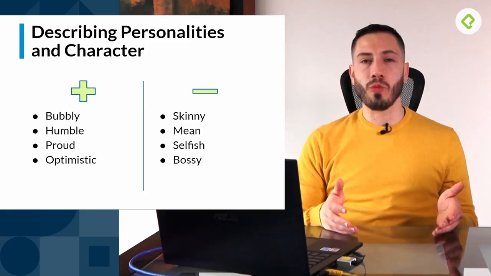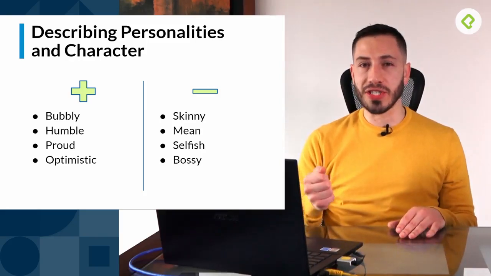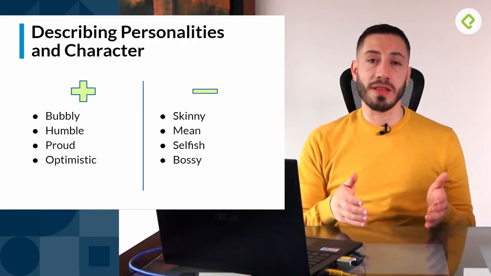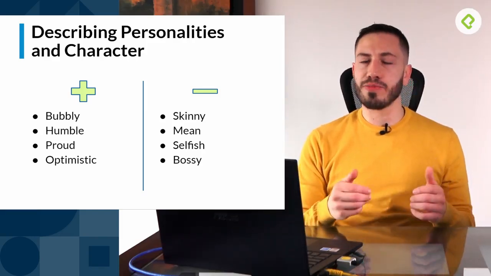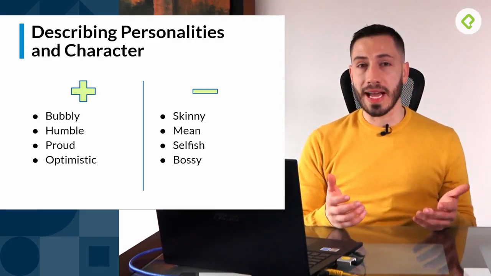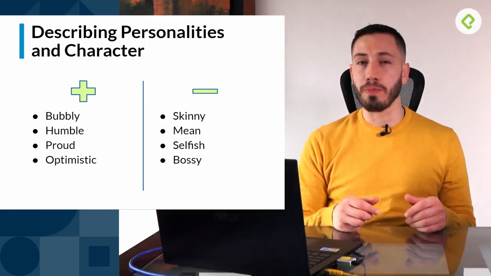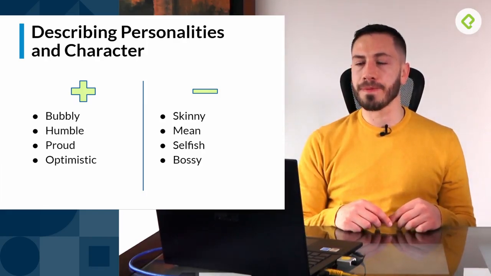Proud would be someone that knows how to celebrate their achievements and when to do it. And optimistic, which is the opposite of pessimistic, is precisely the person that can see the good things in life. It's very good to have optimistic friends around you.